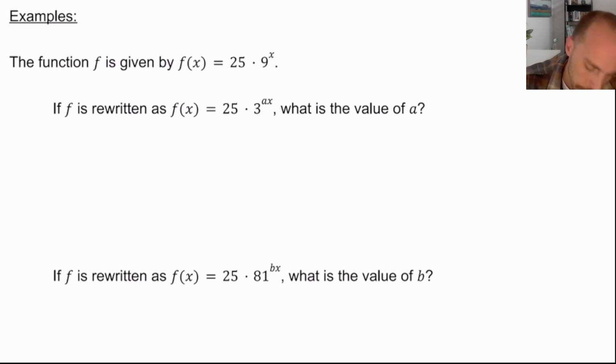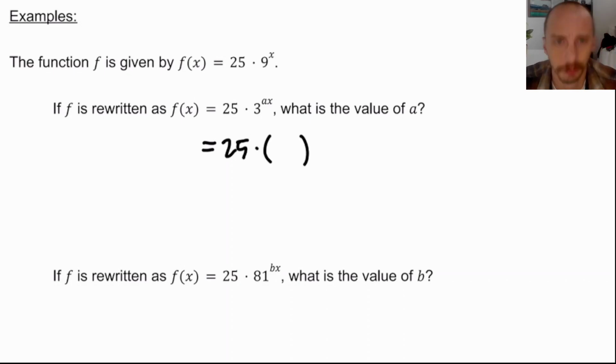Right, these next two examples, I didn't do these in class, but they look kind of interesting. So if f is rewritten as f of x equals 25 times 3 to the ax, so that's where we're just manipulating the 9. Well, 9 is a power of 3, so I guess I should probably start with that. I don't know how obvious these are to y'all. I feel like this one's really obvious, but it might not be to you. So I'm going to just work through all the steps on this one. So 9 is 3 to the 2.